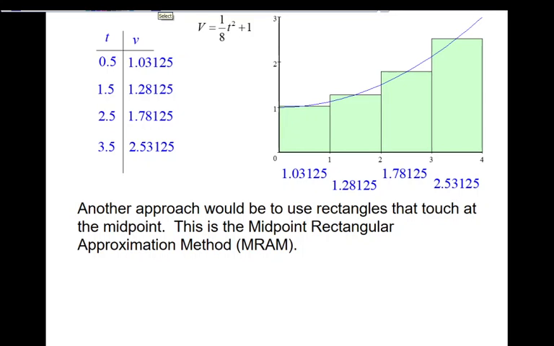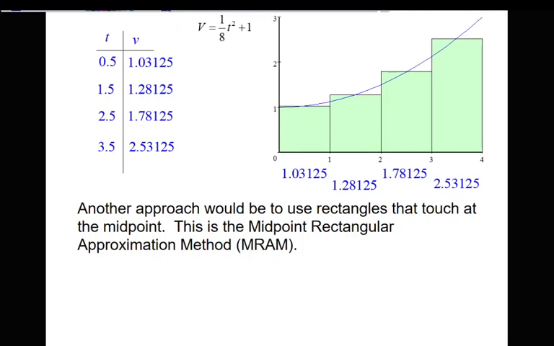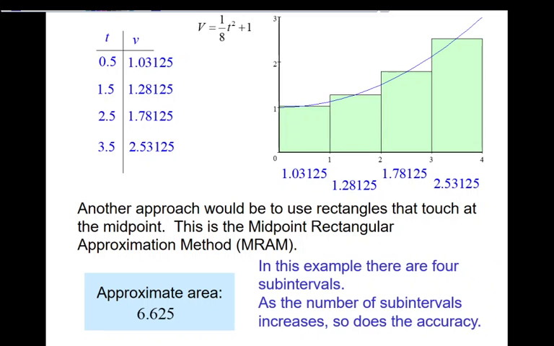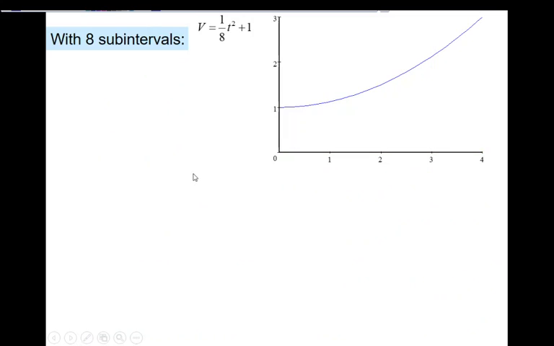So this, you can see, will give us a better approximation because basically this little piece here and this little piece here, they almost fill each other in. So like this little piece right here almost fills in that piece right there. So this is definitely going to give me a much better approximation. And when I do this, the approximate area is 6.625, which is definitely between my 5 and 7 that I got. And you'll be glad to know, okay, that the actual area is really close to that.